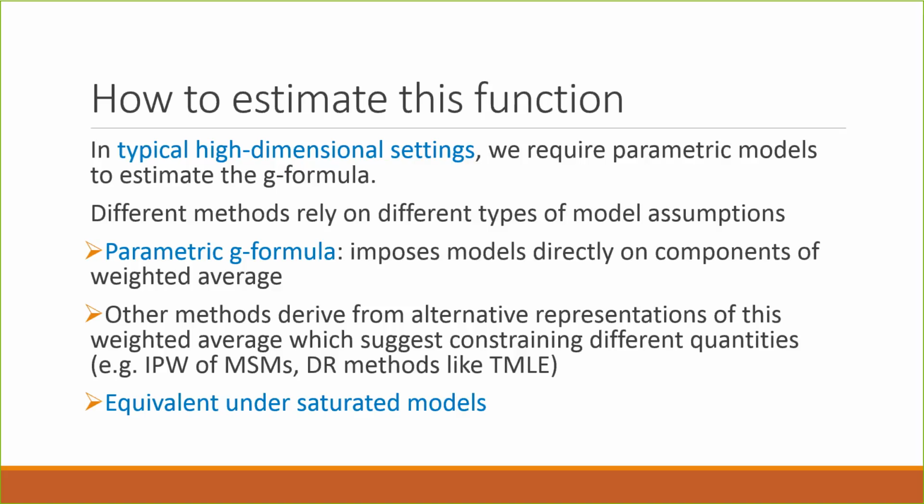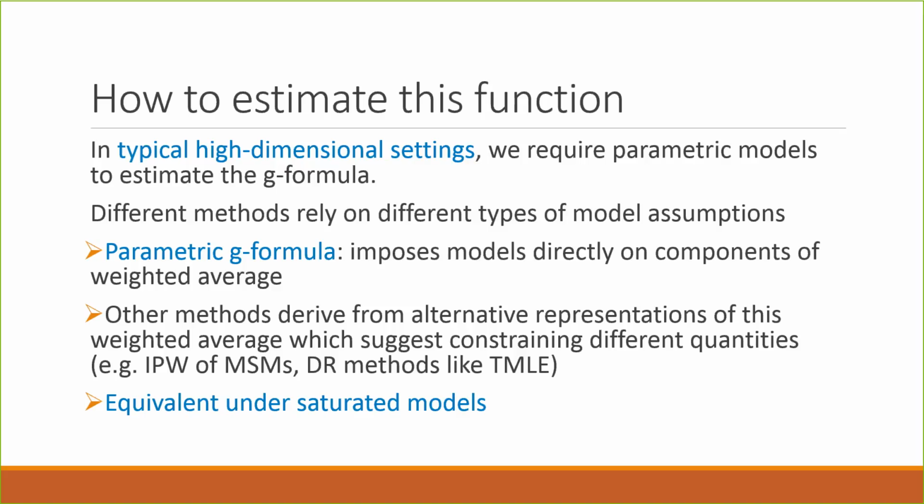So different methods rely on basically different ways of dealing with this problem. We can think of this as different types of parametric model assumptions. So the parametric G formula deals with this problem by imposing models directly on the components of that weighted average. In practice, algorithmically, the way we do this is instead of having a model for the risk at 5 years given the past, we have models for the hazard given the past, and they're computed into a risk, but it's the same idea.